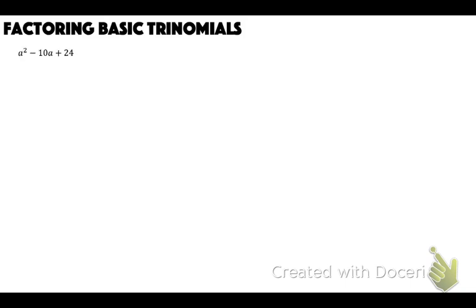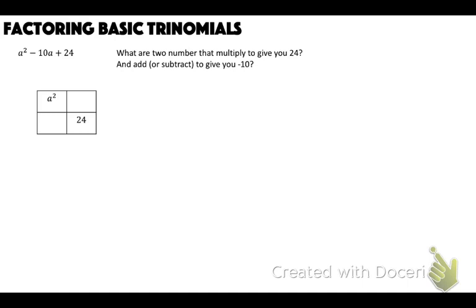Okay. This one, we're going to see what multiplies to be 24 and adds or subtracts to give you negative 10. So we have 1 and 24, 2 and 12, 3 and 8, and 4 and 6. There are two options there that will give me negative 10. I could do 2 minus 12 and I'd get negative 10, and I can do negative 4 minus 6 and I also get negative 10.